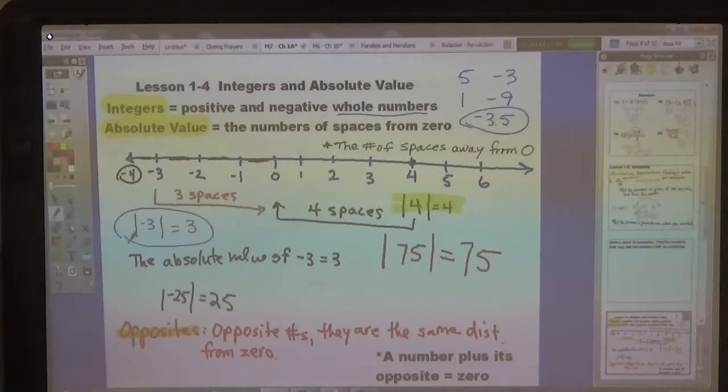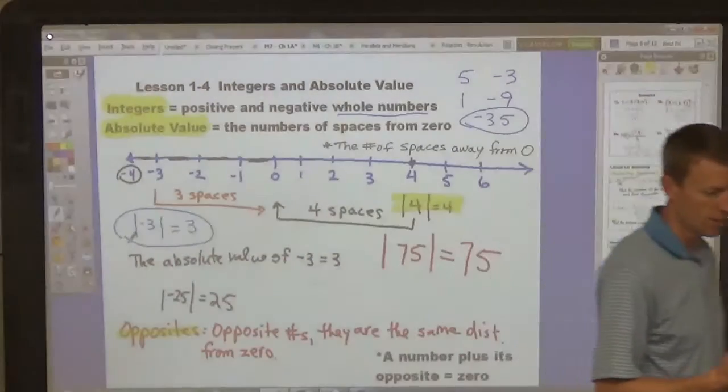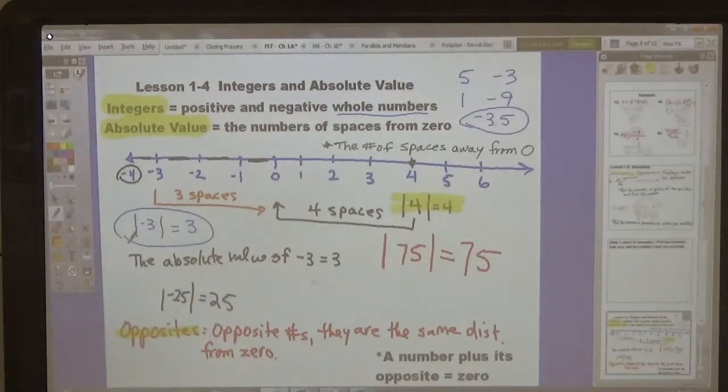Then, we apply integers to real world situations. Temperature is a good one to think of when you're talking about integers, because you can have negative numbers, we know that. If it's -5 degrees outside, then it's below 0. So numbers that refer to below 0 are negative.